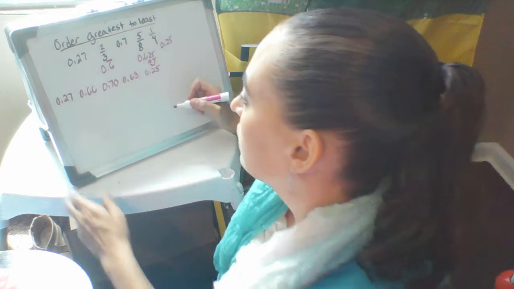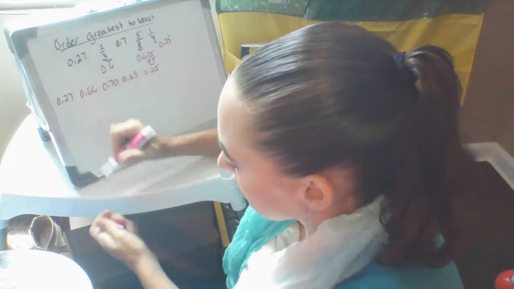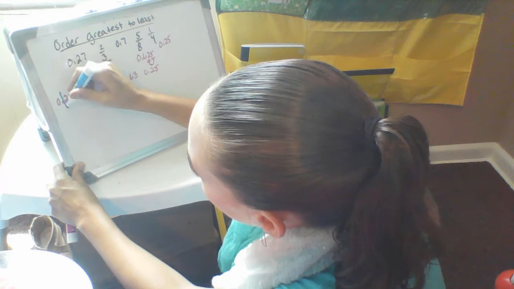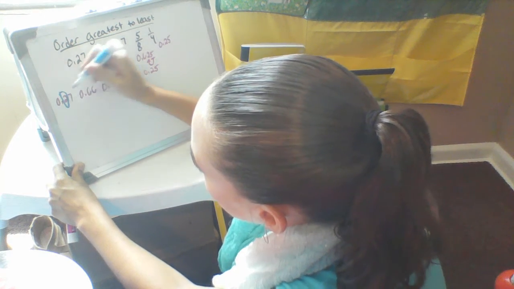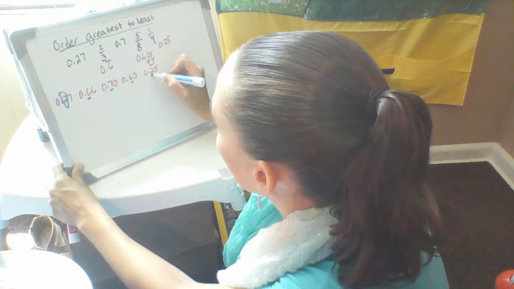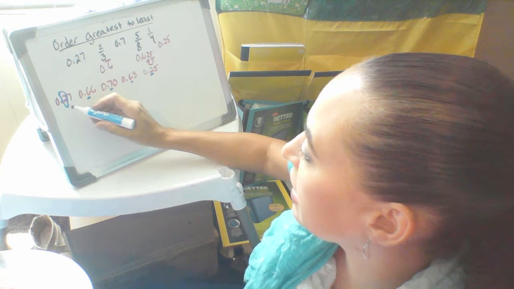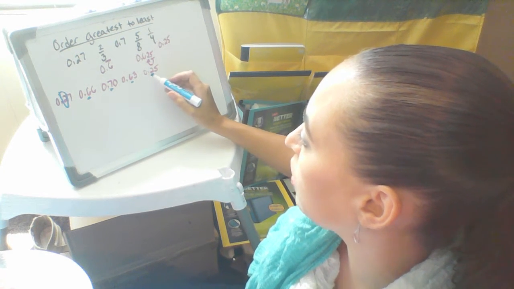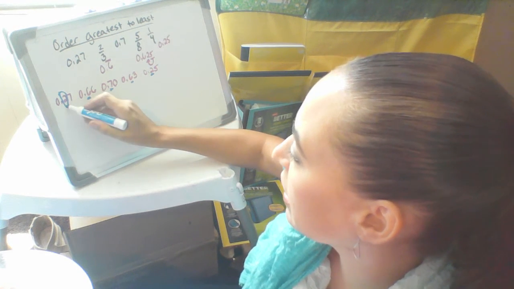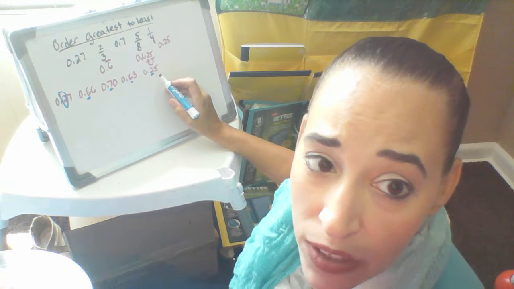Okay. So now we're going to look at this number first. You're going to first compare your tenths. So these are my tenths. I have a 2. Is anything smaller than a 2? No, I have another 2. So now I have a 2, 7, and a 2, 5. Which one's smaller, 5 or 7?